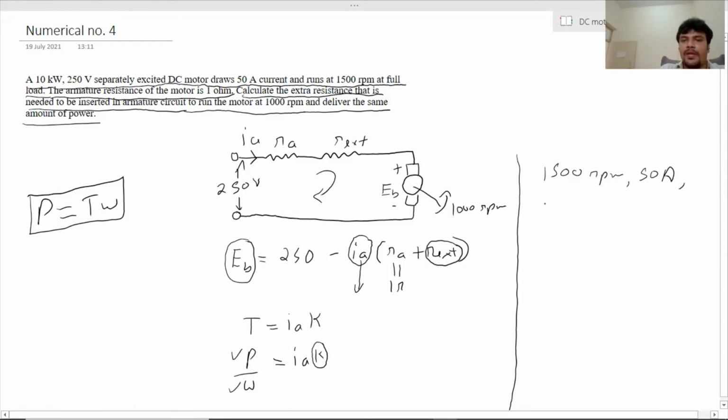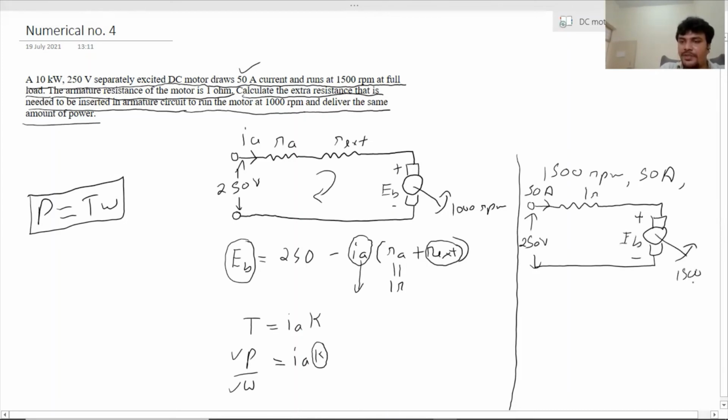So in that case we can draw the circuit first. So this will be the circuit. In this it is 250 volt, the current is 50 ampere. Just see, resistance is 1 ohm, and we can calculate EB and then relate it with 1500 rpm speed.